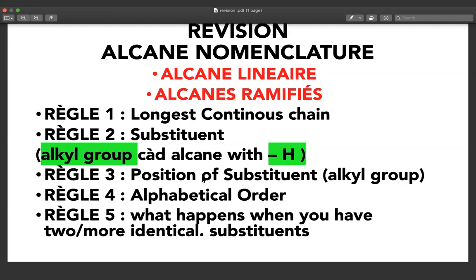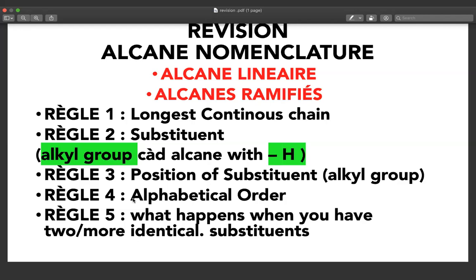The index just shows you where the alkyl group is positioned, but the methyl and ethyl, which are the alkyls, show you which one comes first in alphabetical order, that is d'après règle 4.